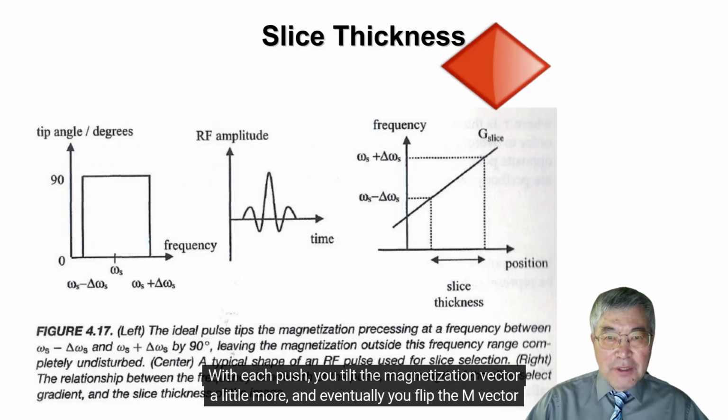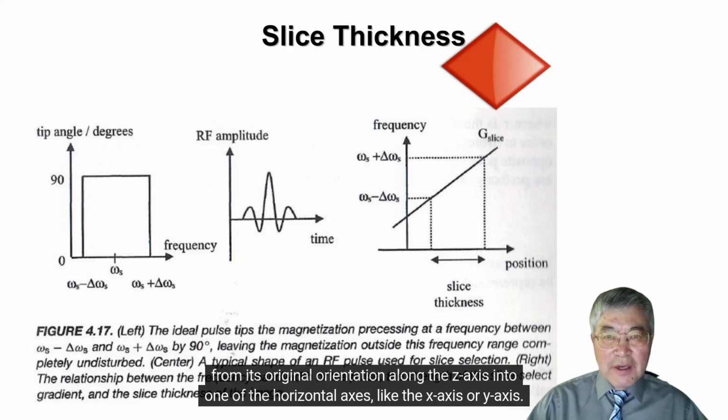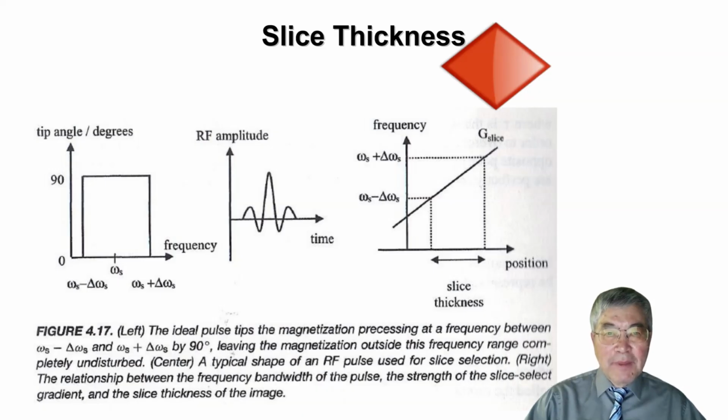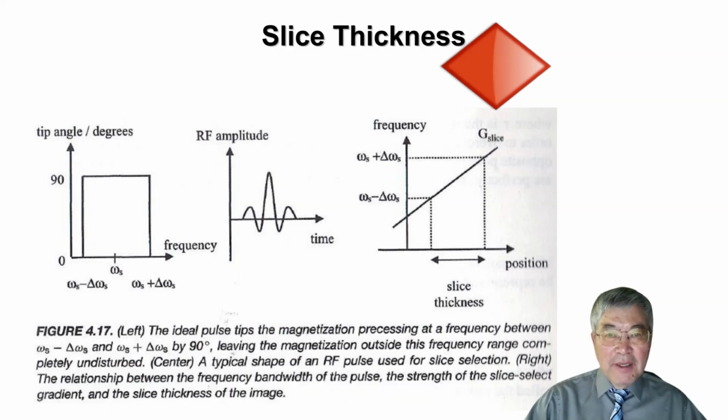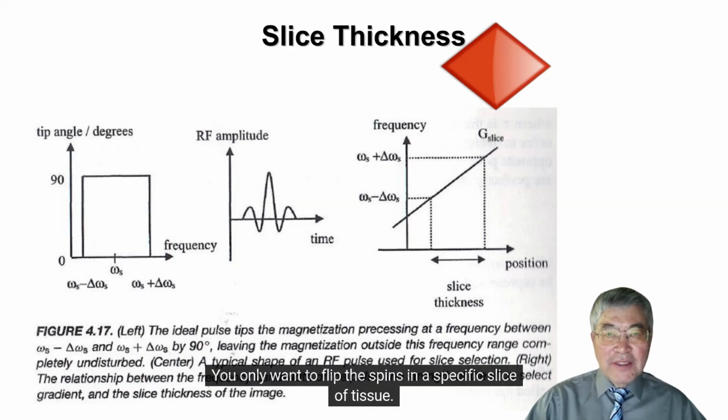With each push, you tilt the magnetization vector a little more, and eventually you flip the M vector from its original orientation along the z-axis into one of the horizontal axes, like the x-axis or y-axis. Now here's the key. You don't want to flip every proton in the body. You only want to flip the spins in a specific slice of tissue.